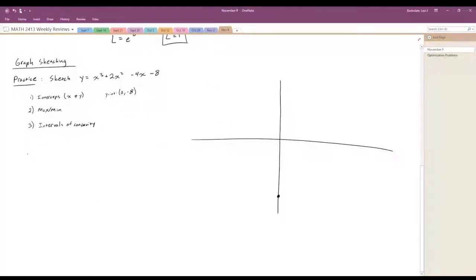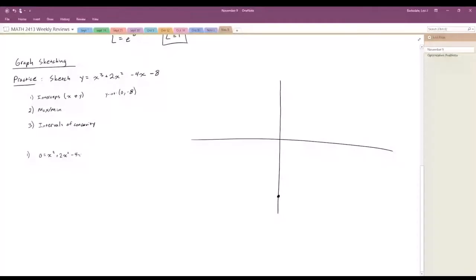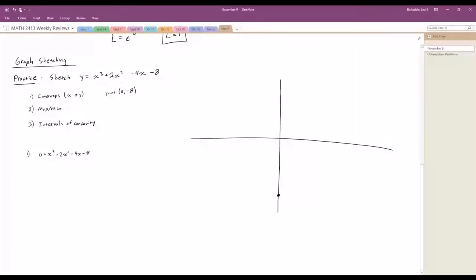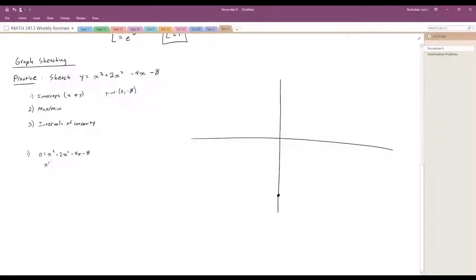Similarly, if we wanted to find our x-intercepts, we would set y equal to 0. So then we have 0 is equal to x cubed plus 2x squared minus 4x minus 8. Now we just simply need to factor this. There are a couple of different ways we can. The way I'm going to go with, though, is factoring out an x squared from the first term leaves me with x plus 2.